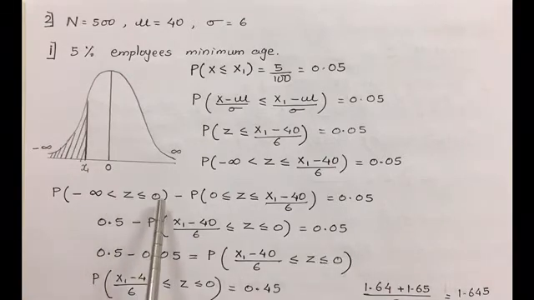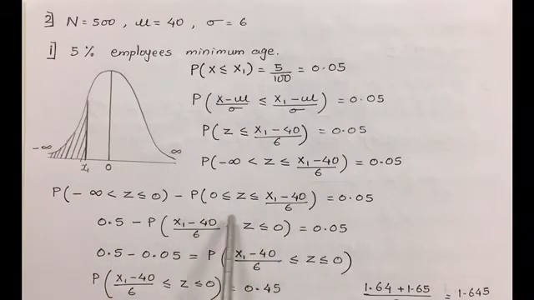Now minus infinity to 0 is area 0.5 minus the probability from (x1 minus 40) divided by 6 to 0, equal to 0.05. Now taking 0.05 to the other side, we get 0.5 minus 0.05 is equal to, and shifting this probability to the other side becomes positive.